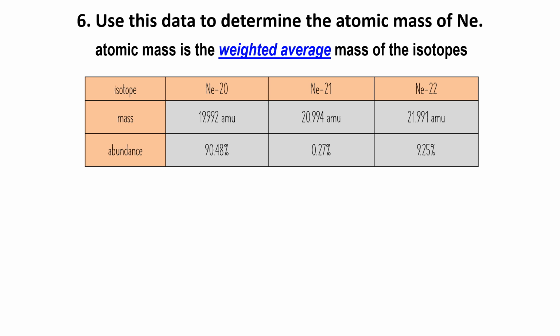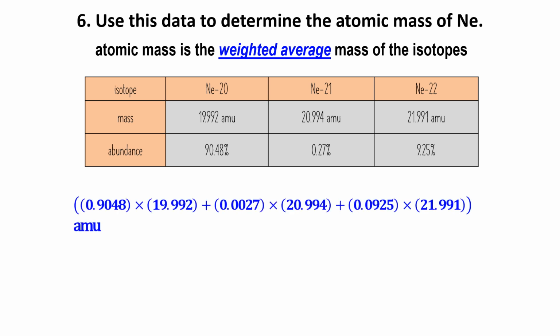So what we do is we multiply each of these masses by the percentage and then add them together. Remember, once you have this calculation, you do not further divide by anything because you had already multiplied the mass by the correct percentage that exists in the environment.